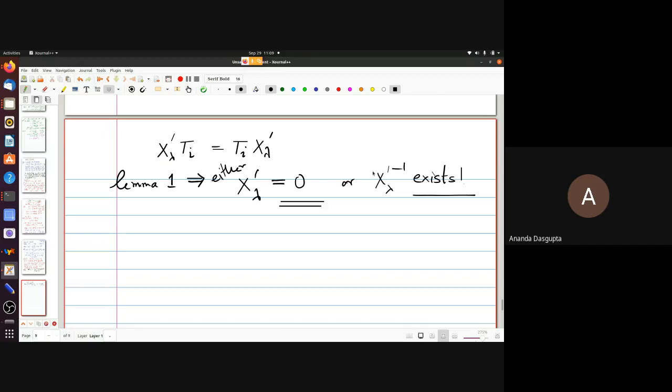Now this really is trivial from whatever you have learned about linear algebra from almost the very beginning. How do you show that there is at least one lambda for which x prime lambda inverse cannot exist? Yes? The eigenvalue.